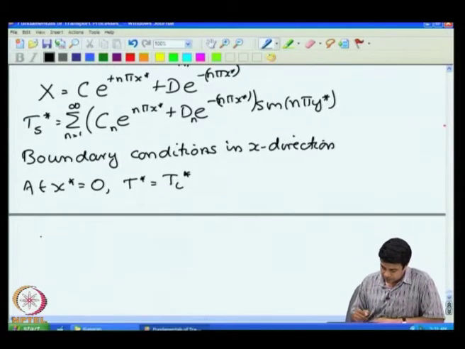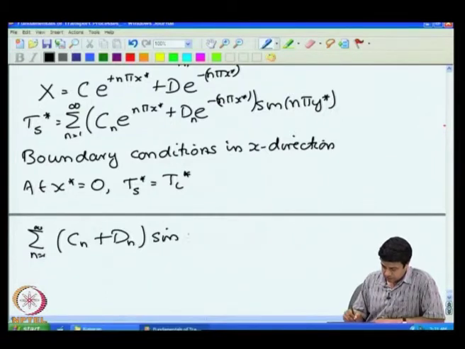I am sorry, T S. This implies that summation n is equal to 1 to infinity of C n plus D n sin n pi y.